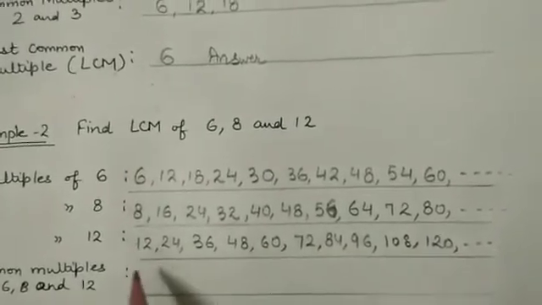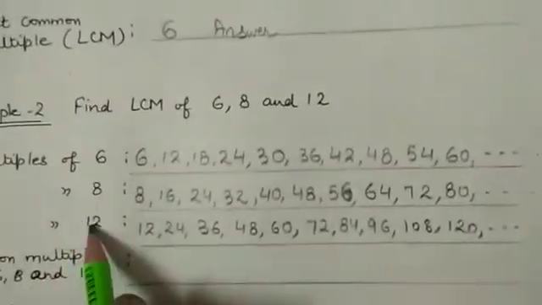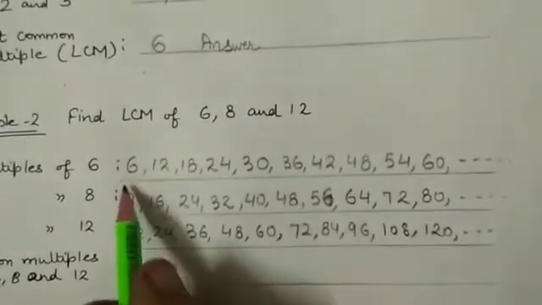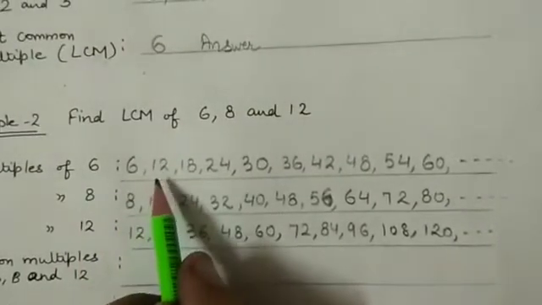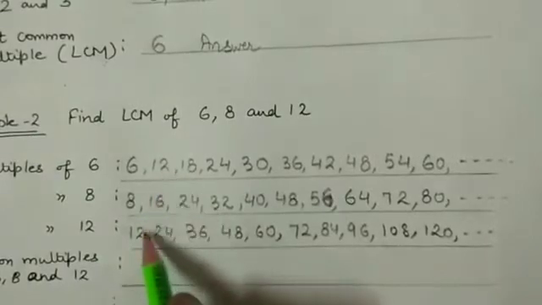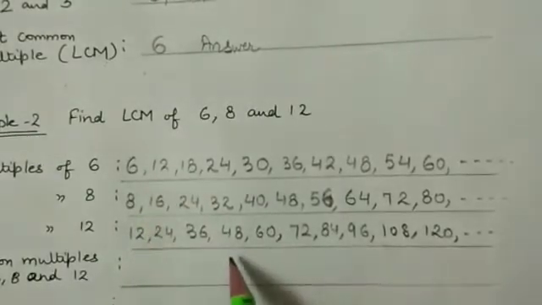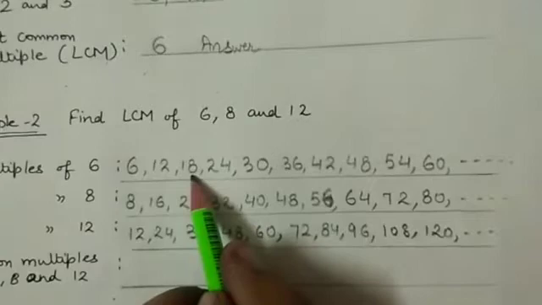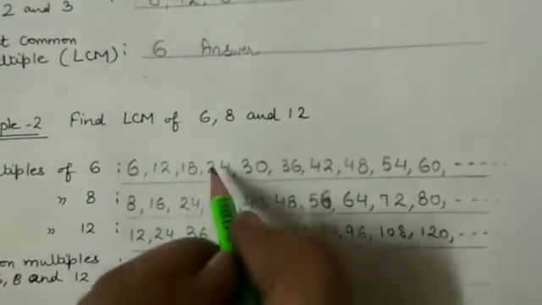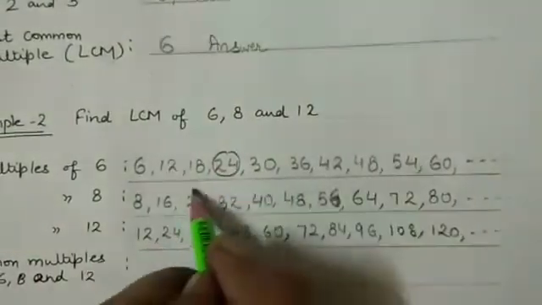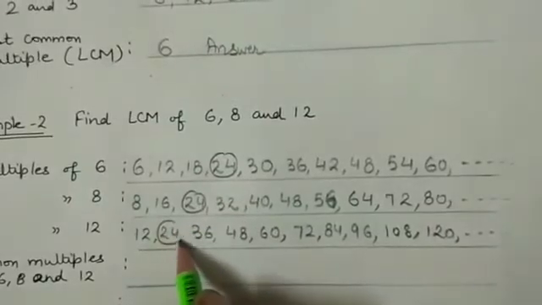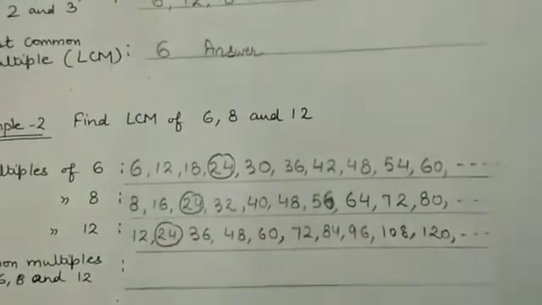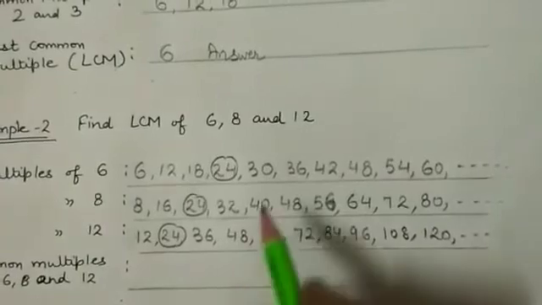Now let us look for the common multiples of these numbers. 6 not common in everyone. 12 common in 2 but not in all. Then 18 no. 24 yes, I can see 24 in the multiples of 6, 8 and 12. So this is our common multiple.